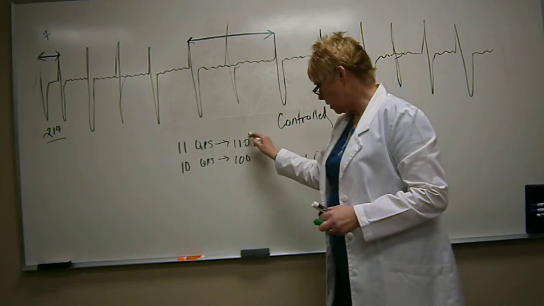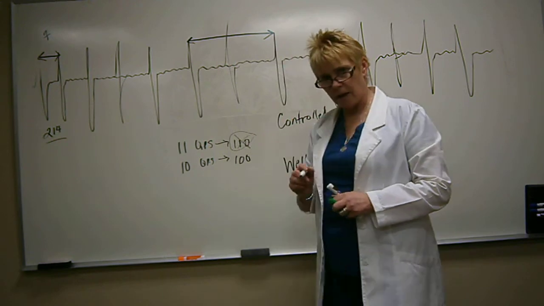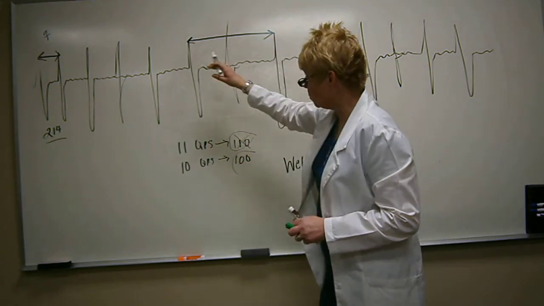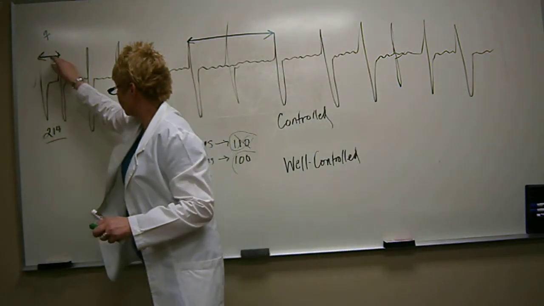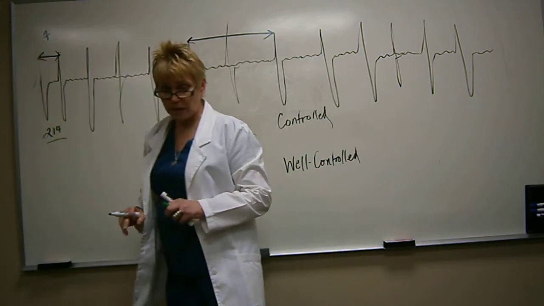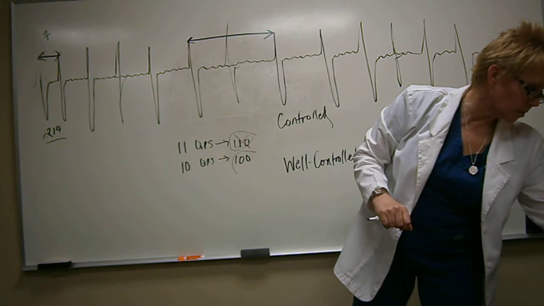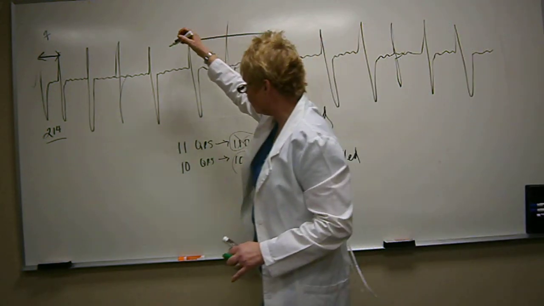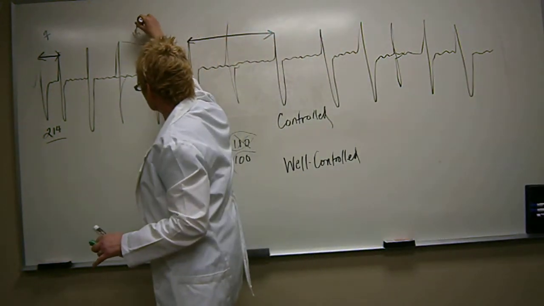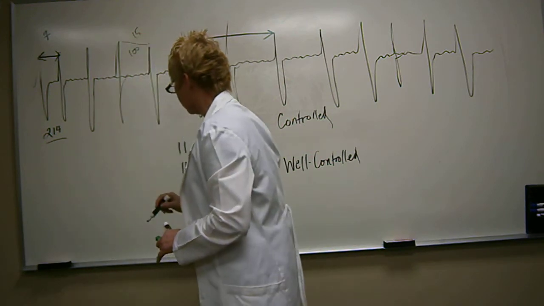You always want the rate not to be as high as 110. When you measure these, the blocks between the R to R waves, you want it less than 100. So you want it no more than 15 blocks, ideally. So 15 gives you a rate of 100.